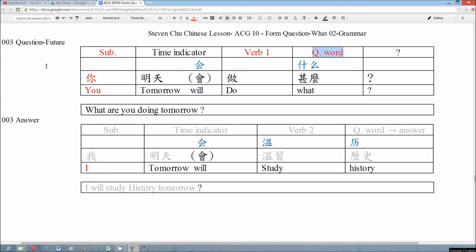And the answer is 我明天温习历史. I will study history tomorrow. Subject, time indicator, verb, and then the answer. In this example, the time indicator is used to show the time of a future action.